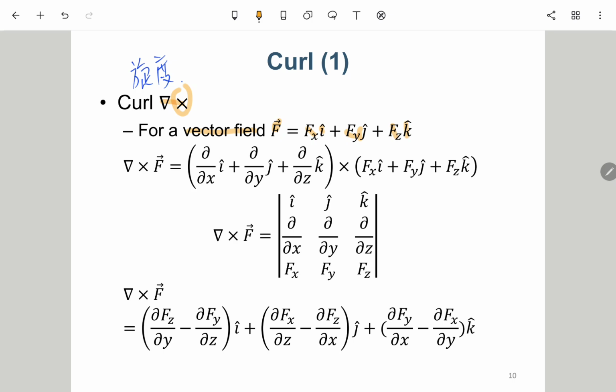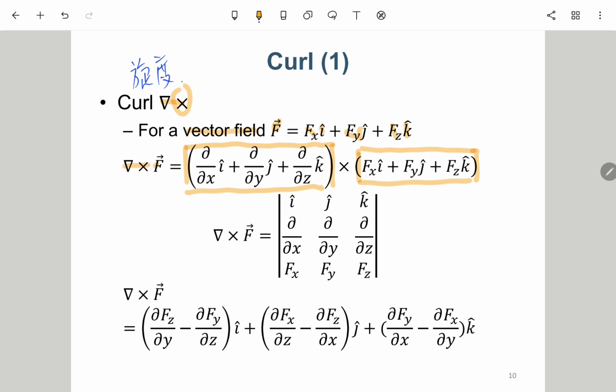So here, if we try to compute the curl of F, first, of course, you try to write out the gradient in Cartesian coordinates, and also this F in Cartesian coordinates.